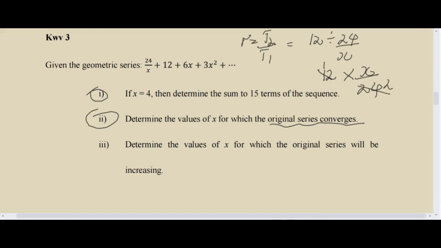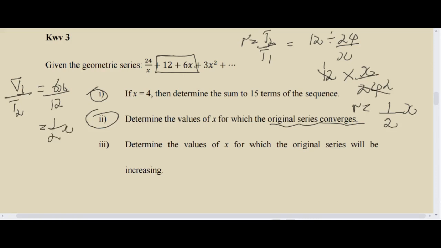So 1 times x is 1x, over 2, so that's 1 over 2x. That's your value for r. Your r is half x, or even if you did it with t3 divided by t2, this would be 6x divided by 12, which is half x. So still you'd get your r value as half x.